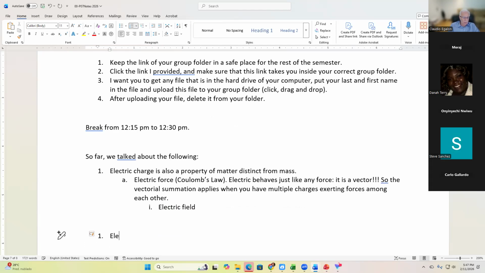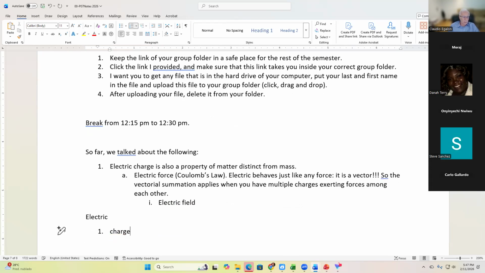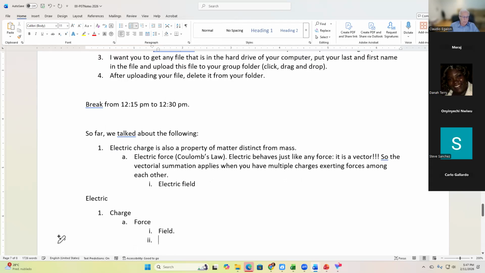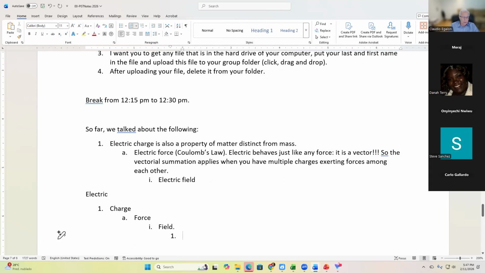One, electric charge, force, and after force we have field. And after field we have potential energy. Remember? We saw that in physics 6, right?